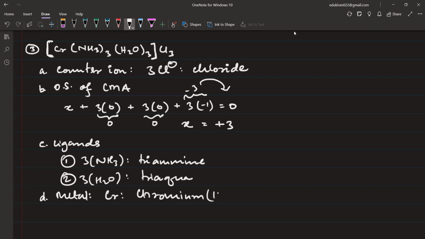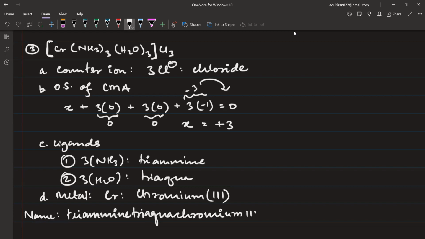And what is the charge? It is 1, 2, 3. The name will be triamine, triaqua, without any space, chromium 3, only chloride with space. Okay, space and then chloride.